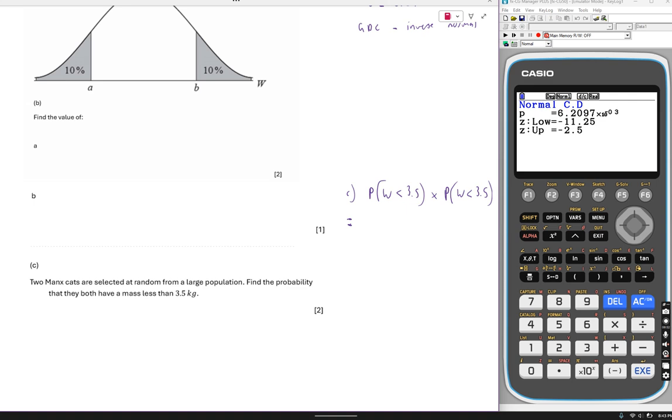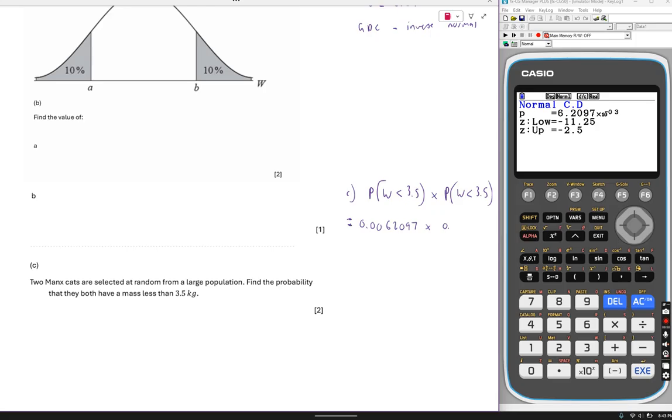So this says 6.2097 times 10 to the negative 3. That's scientific notation, so we can move the decimal place over. So we're going to get 0.006297 multiplied by that same number, because the probabilities are the same.